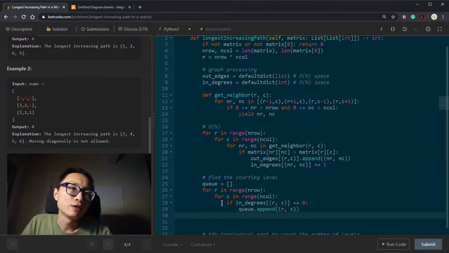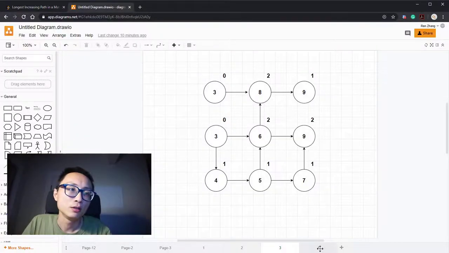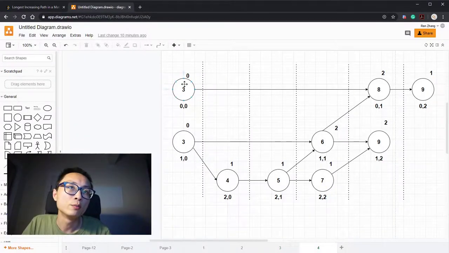So after this nested double loop, we will have the first level, the possible starting positions for the longest path inside this matrix.